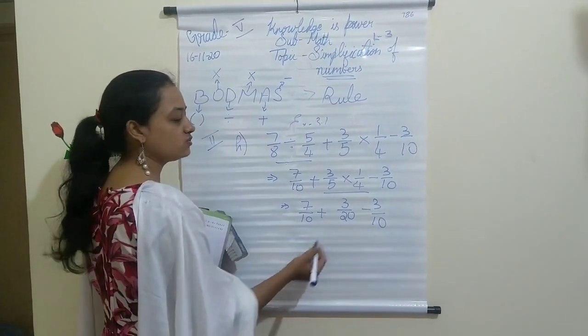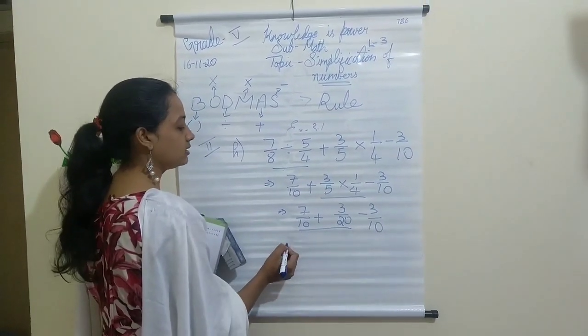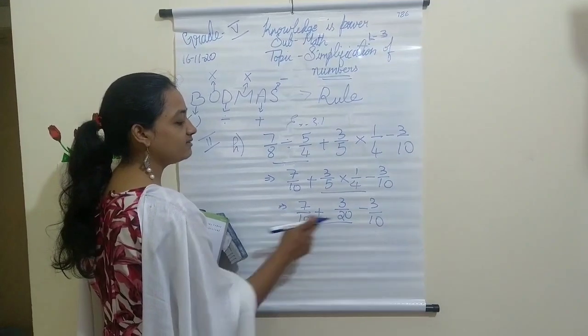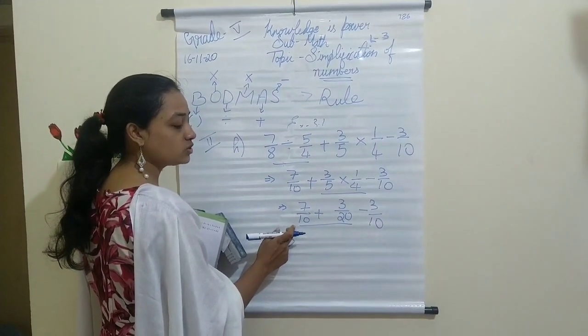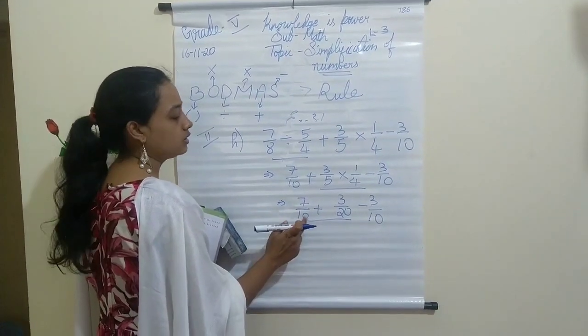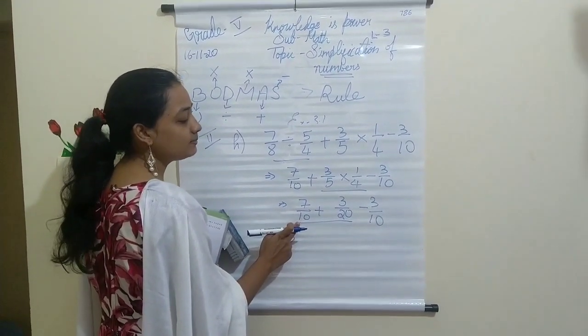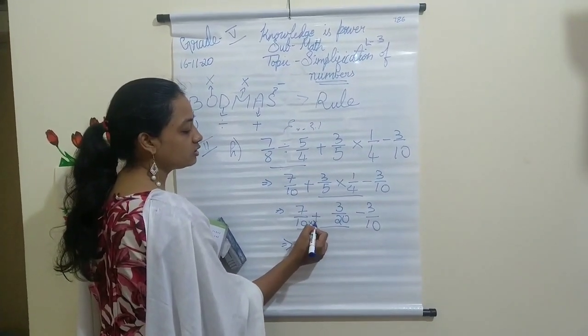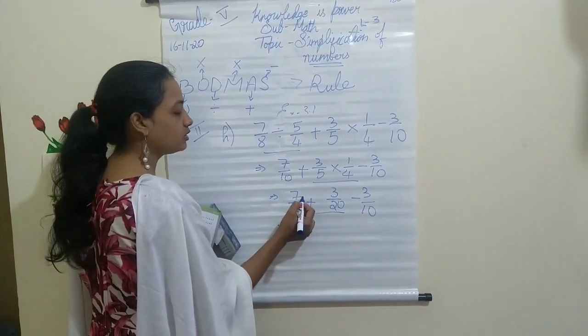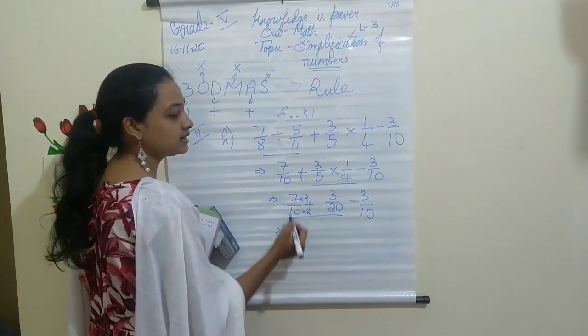So the next operation for solving is addition. And for addition, you should have the same denominators. If it is not the same, I should take the LCM. So in the LCM, I can simply say it is 20 because if I multiply 10 with 2, I get 20. So let me do that here in this step.